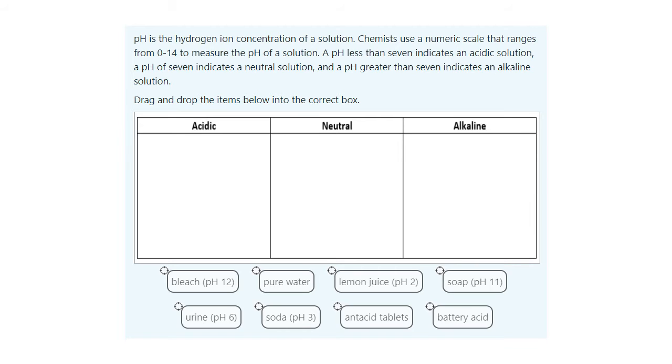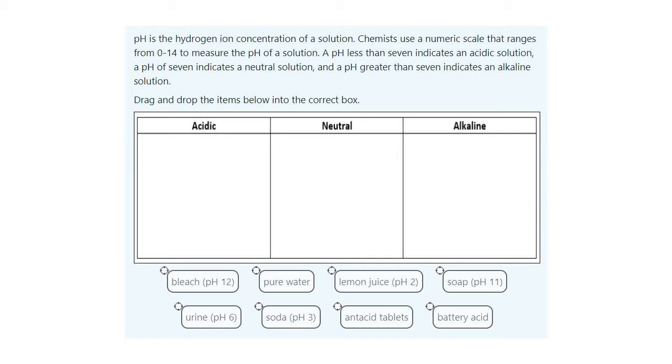So question number 16. pH is the hydrogen ion concentration of a solution. Chemists use a numeric scale that ranges from 0 to 14 to measure the pH of a solution. A pH of less than 7 indicates that a solution is acidic.